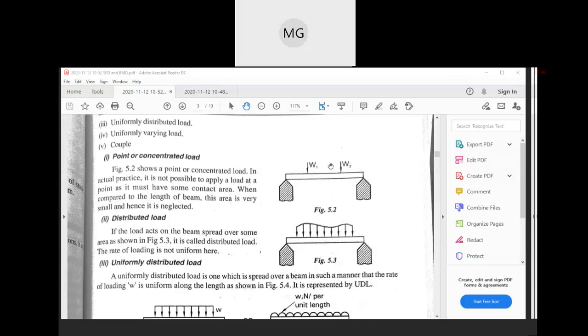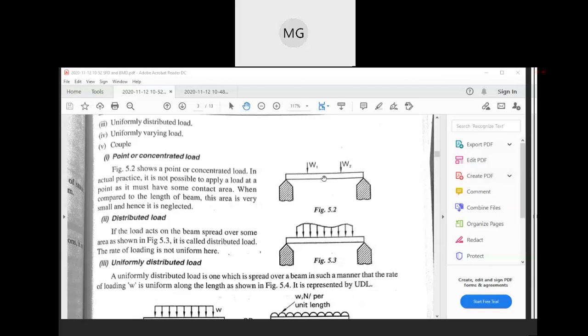Again, I told you, you can analyze with respect to the left hand, with respect to the right hand, or starting from the mid also. This is our reference point, like a midpoint or any plane. Any point on a beam you can consider as your reference point.